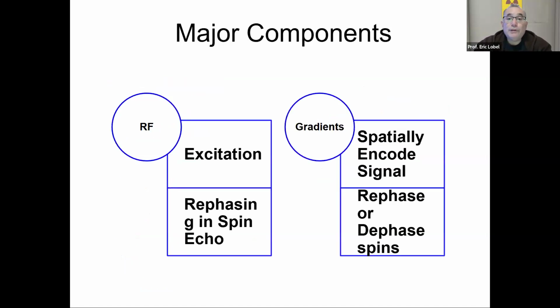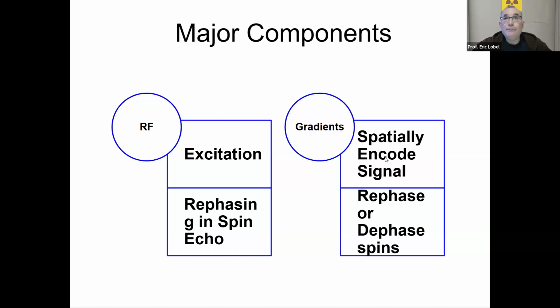So the major components that all sequences have, whether they are spin echo or gradient sequences, is that they all use RF. They all have some kind of excitation pulse at the very beginning, whether it's 90 or something variable, and they all use the gradients to spatially encode.